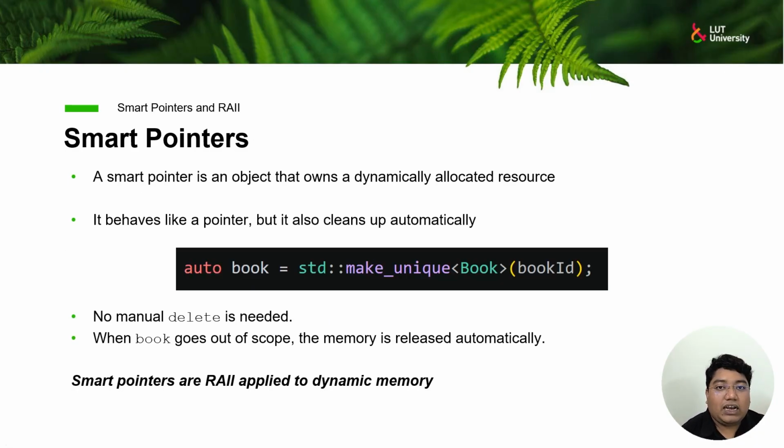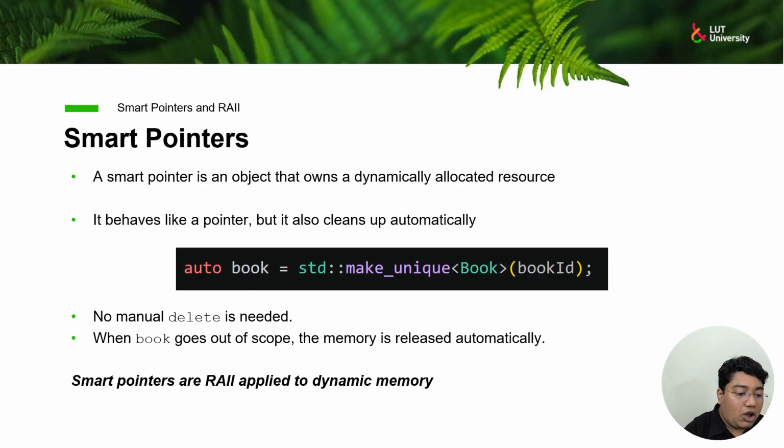So what exactly is a smart pointer? A smart pointer is an object. That's the first important point. It's not just a special kind of raw pointer, it's a class. Inside that class is a raw pointer to dynamically allocated memory. The smart pointer takes ownership of that memory. You still use it almost like a normal pointer.